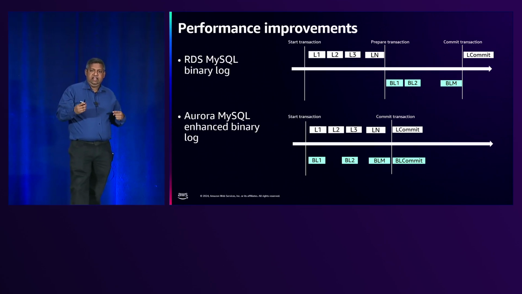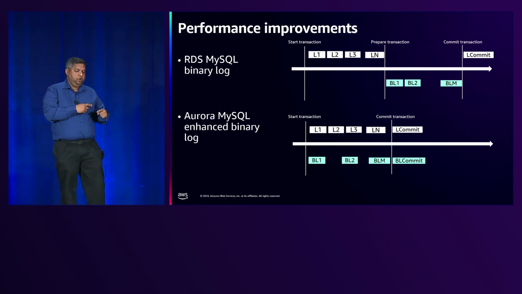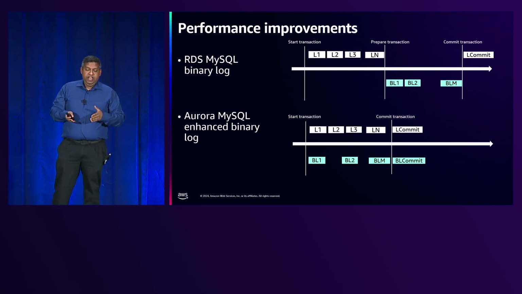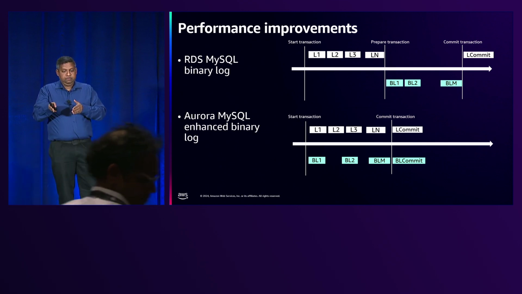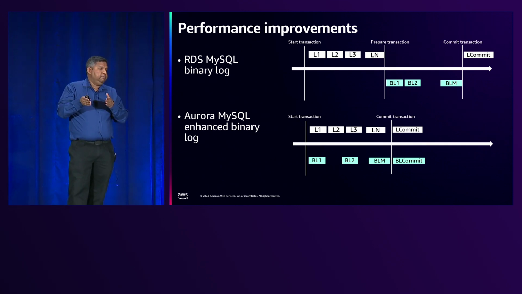This is slightly inefficient because when you're ready to commit, you're waiting for the bin log records to be written. So on Aurora Postgres, Aurora MySQL, as part of the enhanced binary log, what we do is start the writes along with the transactions as they're happening in memory. And when it comes to the commit state, the writes are pretty much done by that point of time.